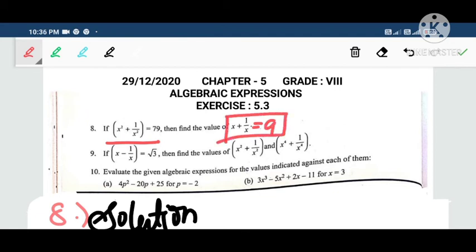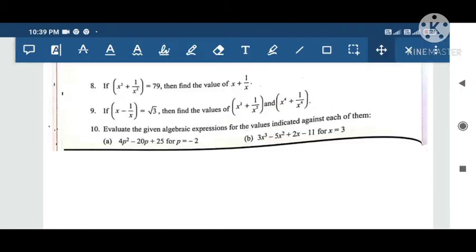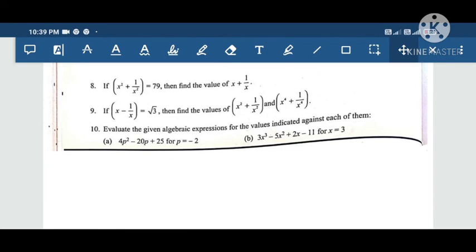Next we move on to question number 9. If x minus 1 by x is equal to root 3, then find the values of x square plus 1 by x square and x to the power 4 plus 1 by x to the power 4. As usual, the same method we learned previously, the same identities, we need to use here.